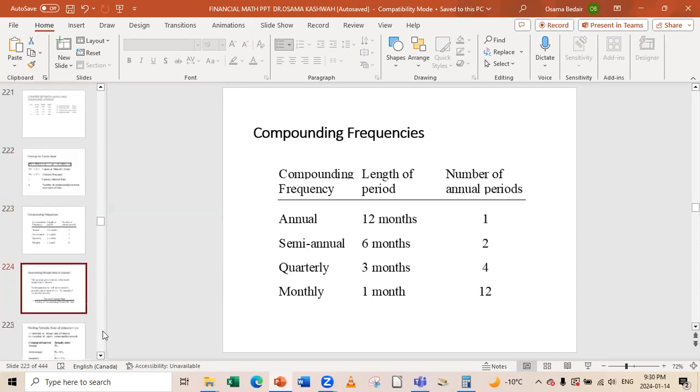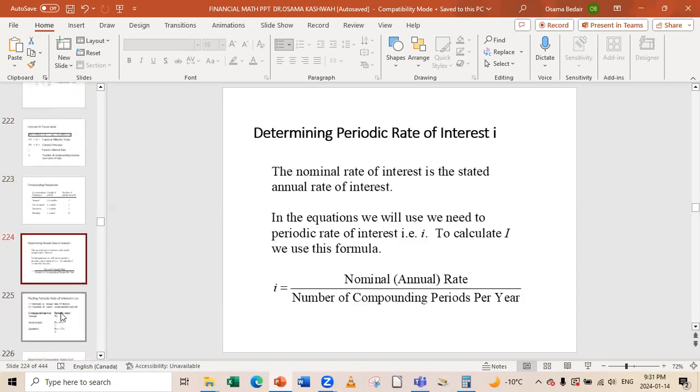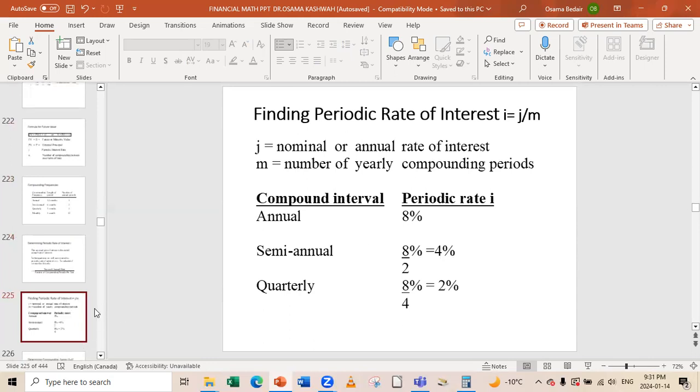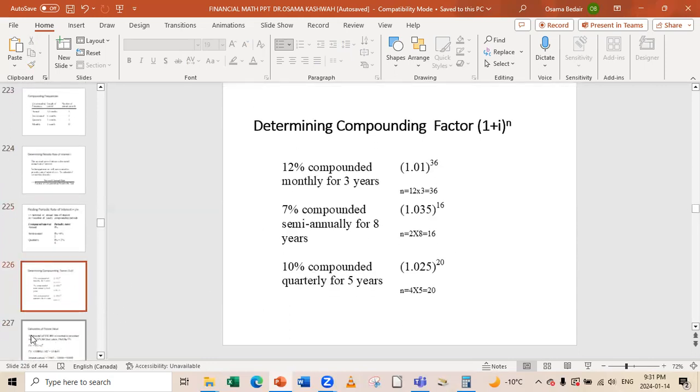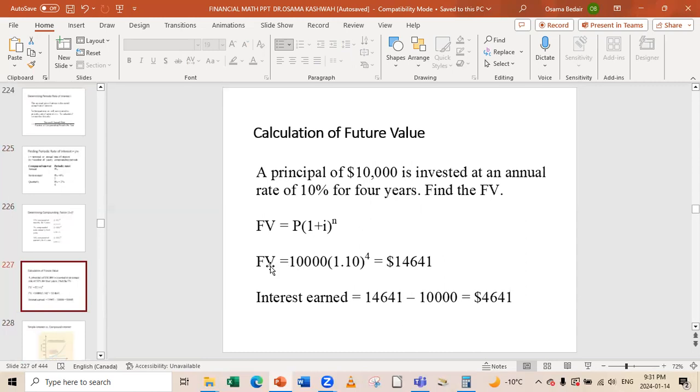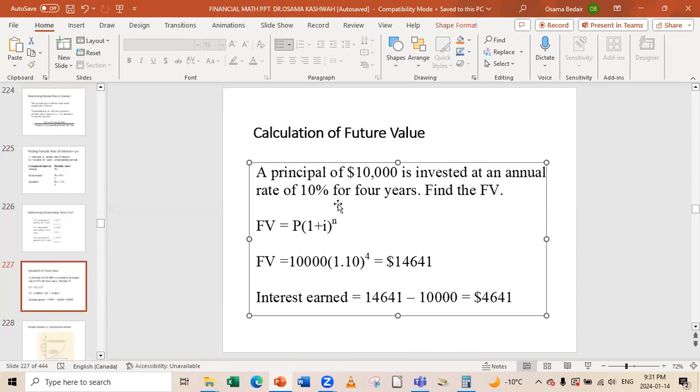So here, guys, let us see an example for what we are doing right now, and I'll show you how to do the power. A principal of 10,000 is invested at an annual rate of 10%.